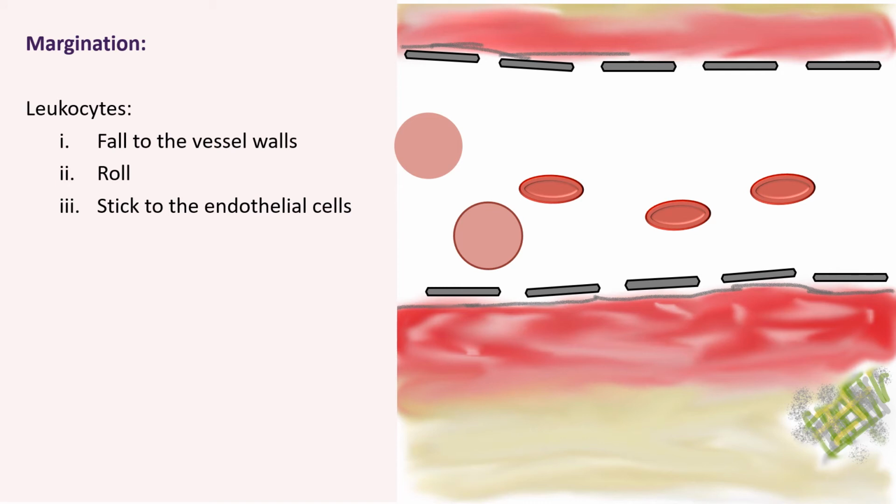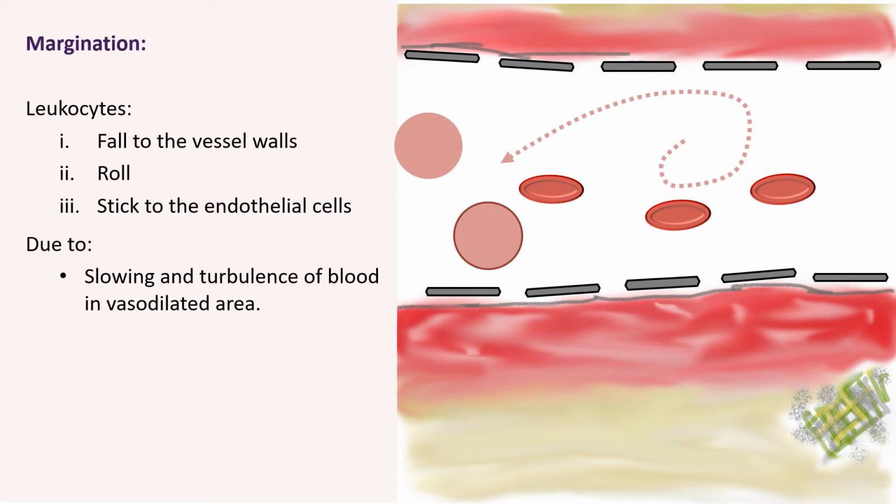So our leukocytes that have been released due to leukocytosis come along, find this widened area, they fall to the vessel walls, they roll, and then they eventually stick to the endothelial cells.